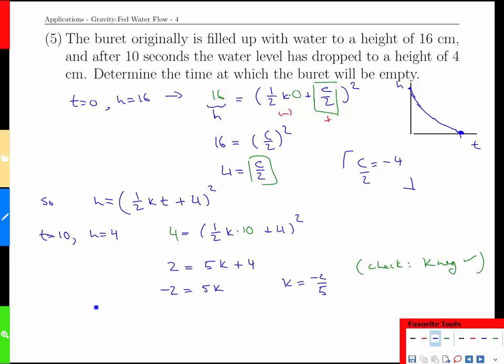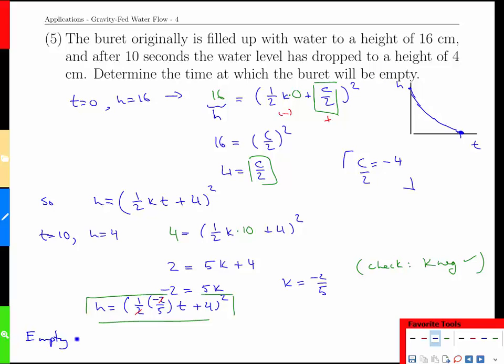And that then gives us the final solution with all the ingredients built in. We've got (1/2 times -2/5 times t plus 4) squared. That is our updated solution. We can cancel the 2's here if we like. Careful not to lose the negative though. And last but not least, we can use that to determine the time at which the buret will be empty.